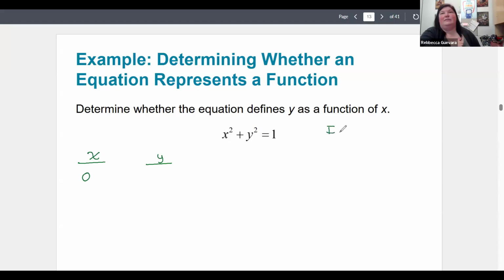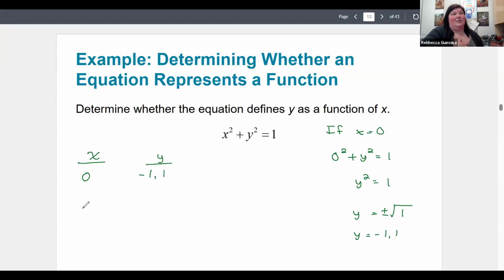So if x is 0, what we'd see here is we'd get 0 squared plus y squared equals 1, which means I get y squared equals 1, which means y would have to equal plus or minus the square root of 1, which means y would have to be -1 or 1. So x equals 0 maps to y equals -1 and y equals 1. So it is not a function.